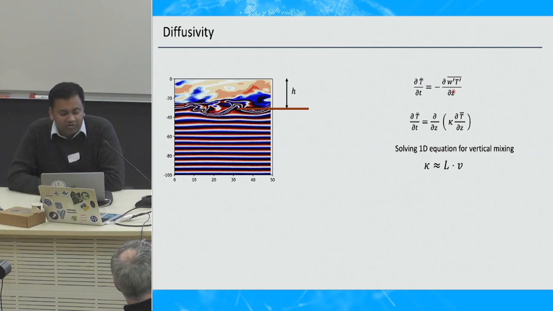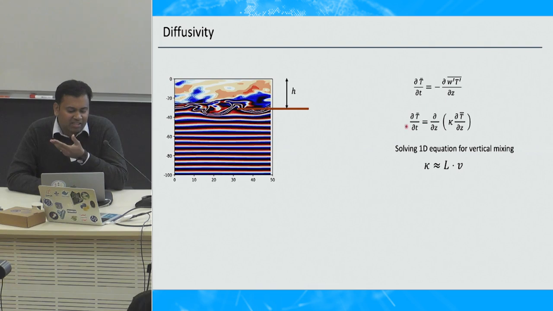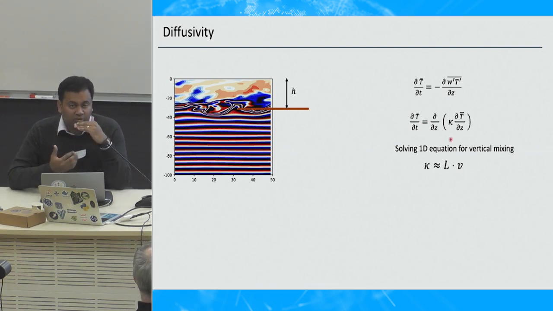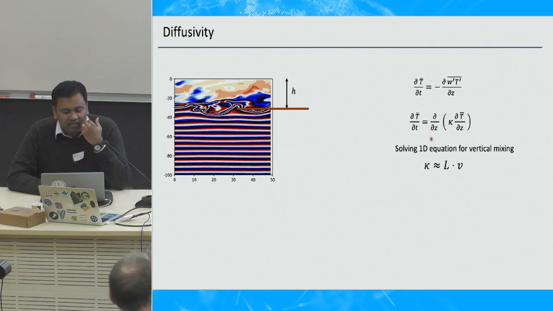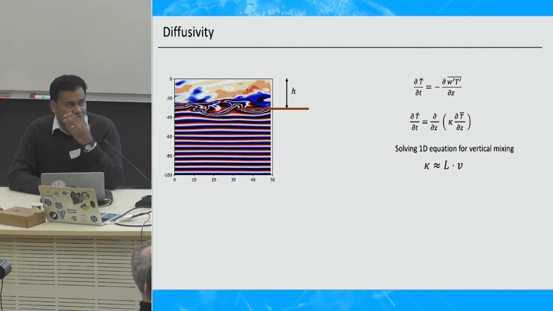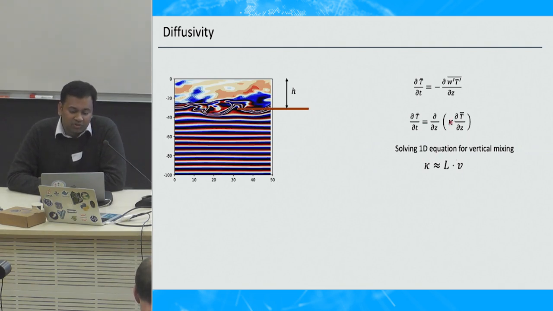And if you assume the eddy diffusivity in this case, then it comes down to a 1D sort of diffusion equation with the appropriate boundary conditions. And when you evolve this equation, then you can assume that you're getting the evolution of the 1D processes. And now the question is, what is this diffusivity kappa?